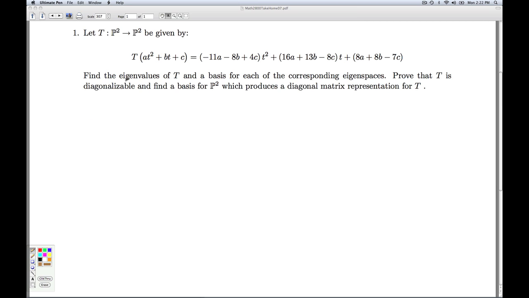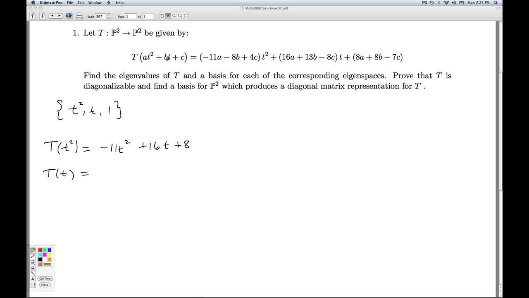We're going to get at this using, of course, a standard matrix representation for T. So I'm going to use the basis we've been using all along, t squared, t, and 1. Let's look at where t squared goes. a is 1, b and c are 0. So this goes to negative 11t squared plus 16t plus 8.